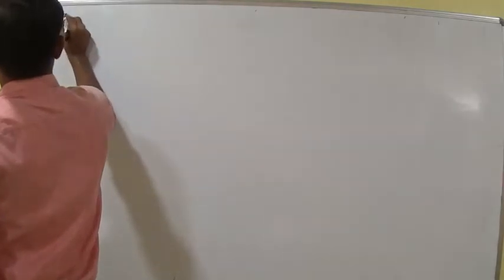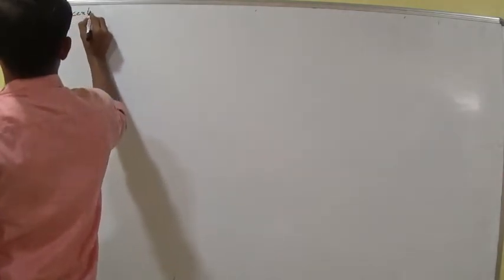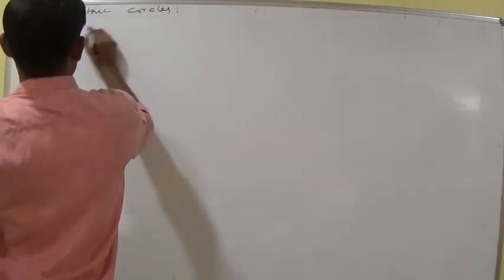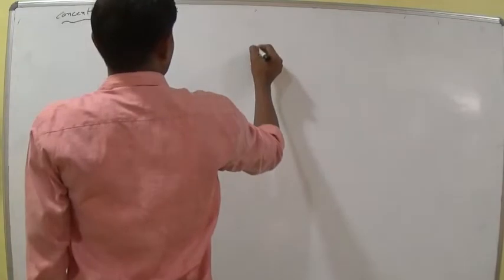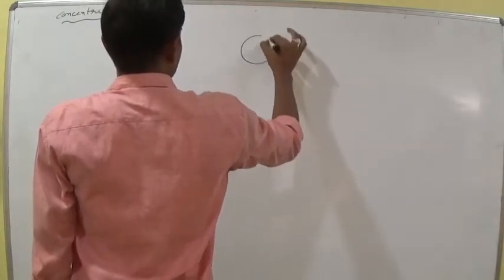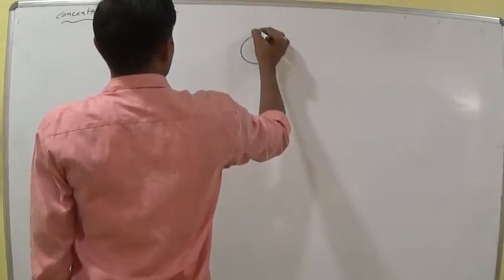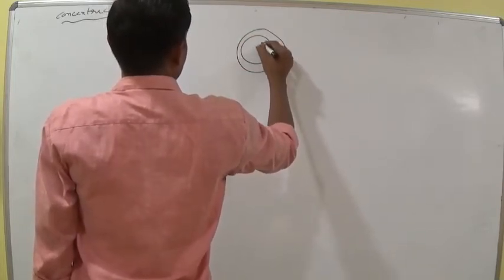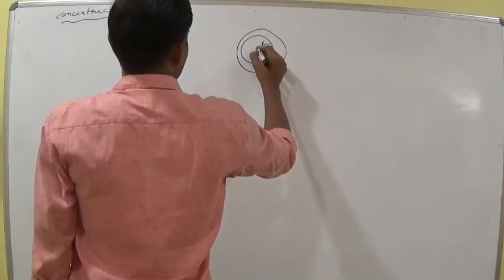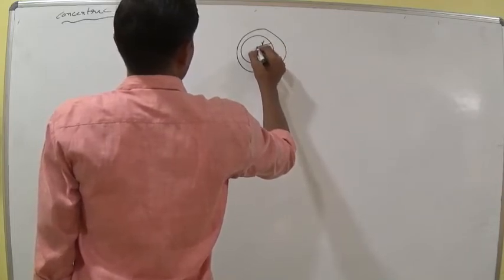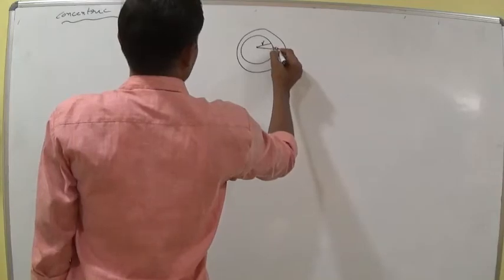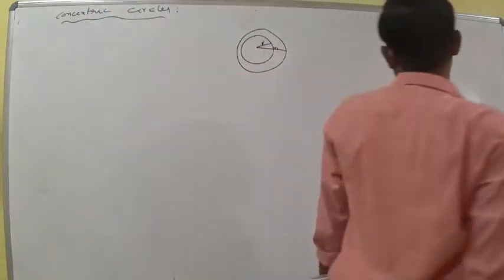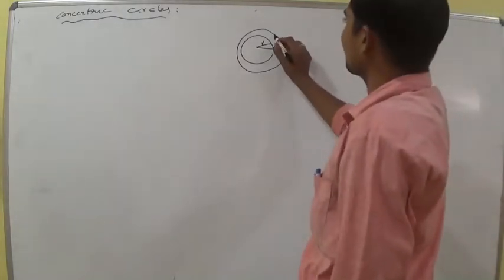Suppose concentric circles: a circle and one more circle. The first circle has radius r and the second circle has radius r1. Same center with different radii are called concentric circles.